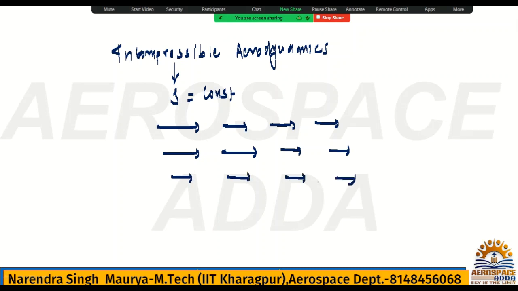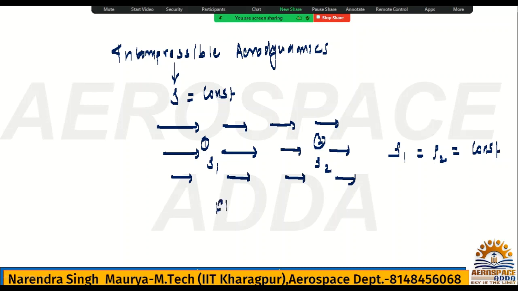Consider any two points, point number one and point number two. Say density at point one is rho one, and density at point two is rho two. For incompressible flow, rho one is equal to rho two. That means it is constant. This is the incompressible aerodynamics.